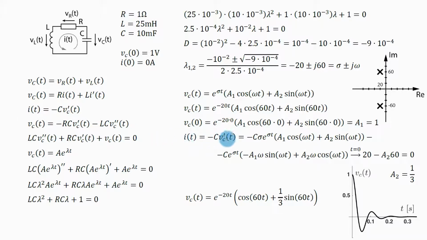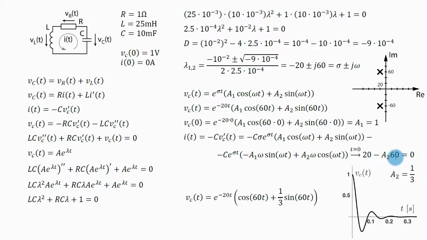So I will need to use this connection, which tells me that I need to evaluate the derivative of my general solution. I have done that here, in general, for general sigma and omega, and then I substitute for sigma, omega, A1, and I will also substitute that the time is 0, and that will give me this.